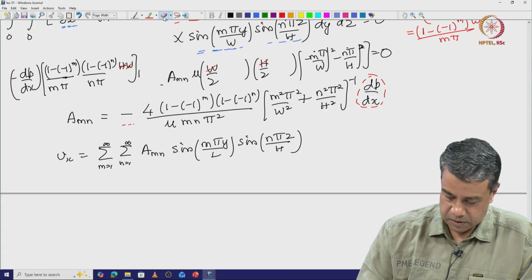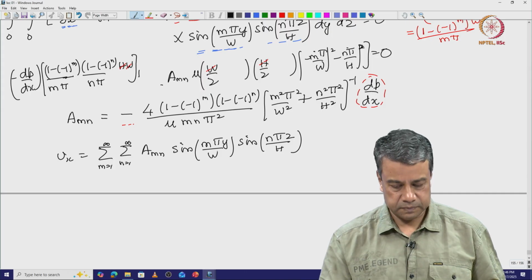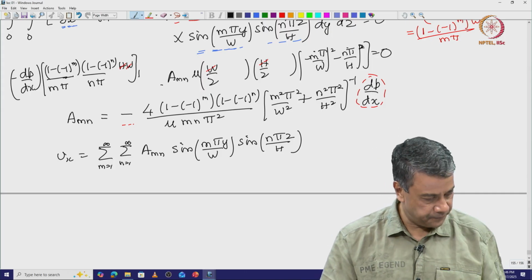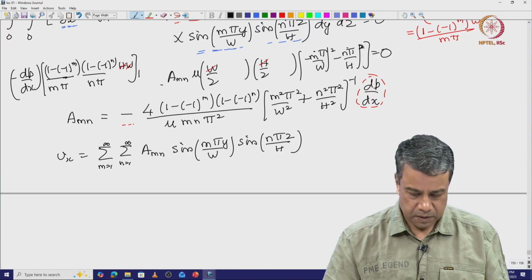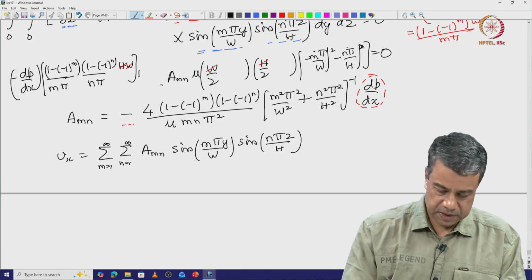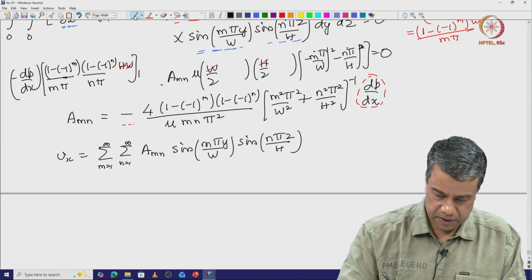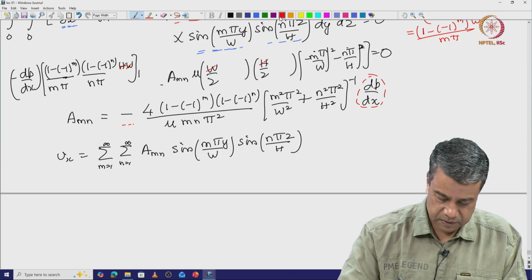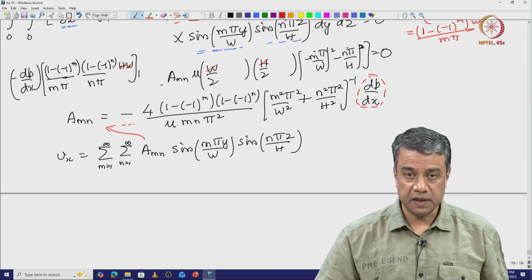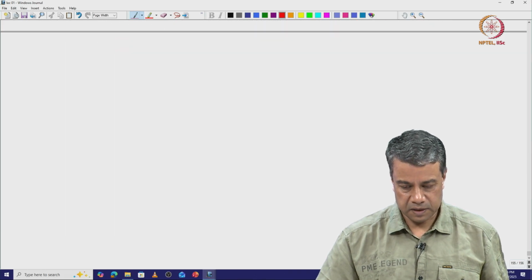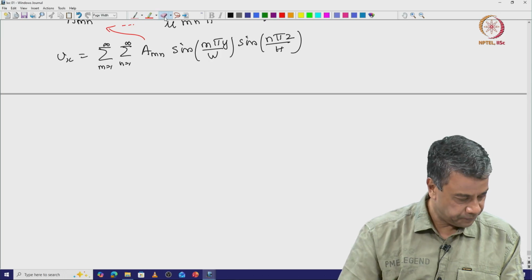It should not be L, it should be W. Where A m n is given by these set of coefficients. So that is the separation of variable solution for the flow in a rectangular channel of width W and height h.